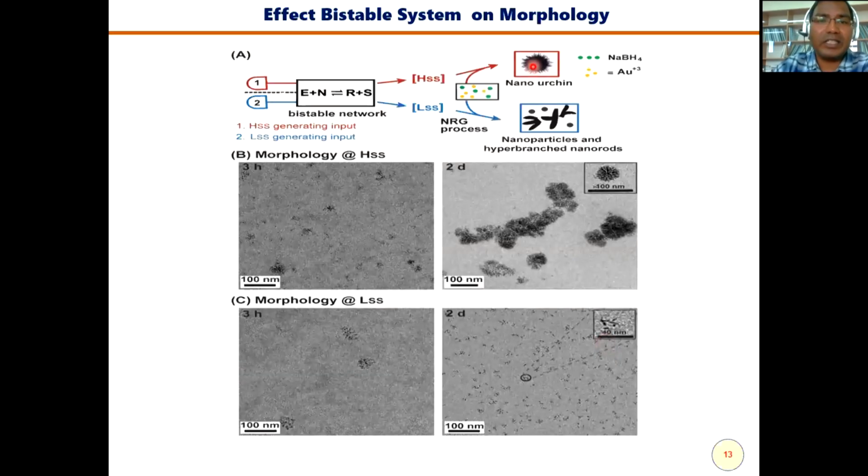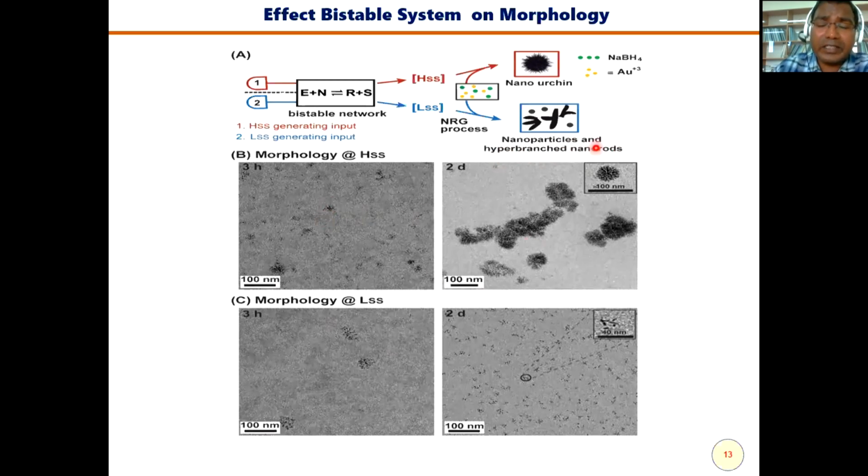To check this effect, we did the experiment where we got the desired high steady state and low steady state, and separately added the nanoparticle with the reducing agent. It gives nano arching in the case of high steady state, whereas in the low steady state case, it forms hyper branched nanorods.